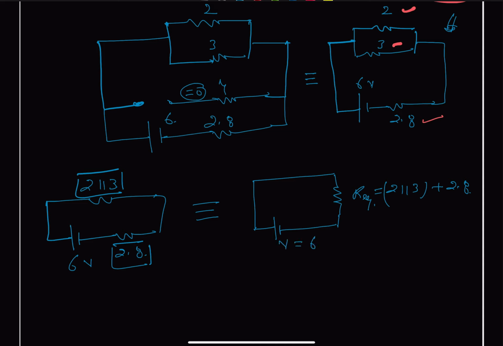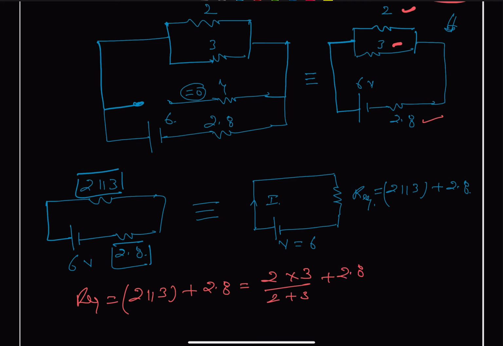And in this case let us suppose the current I is flowing through the circuit. So let us find out our R equivalent. R equivalent is 2 parallel 3 plus 2.8, and 2 parallel 3 will be 2 into 3 divided by 2 plus 3, plus 2.8.